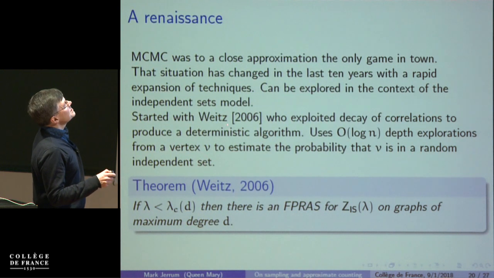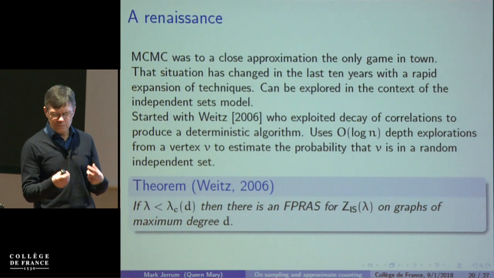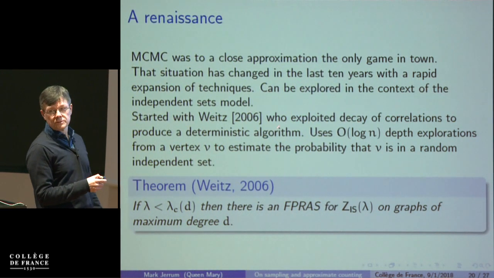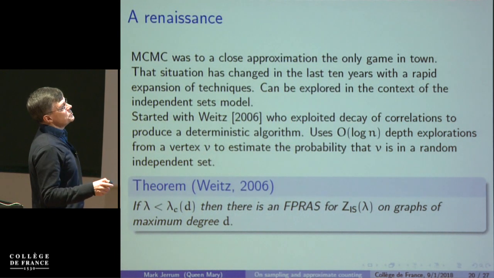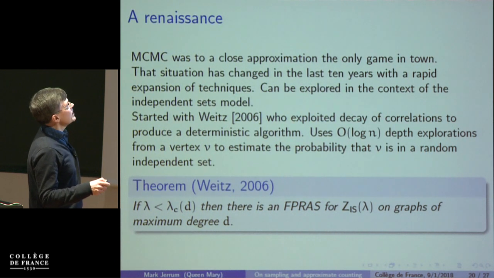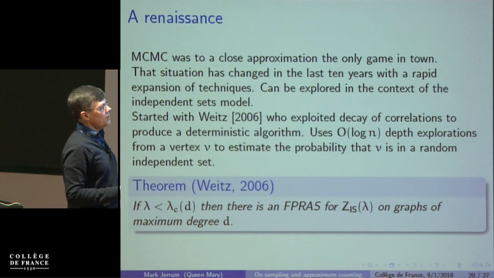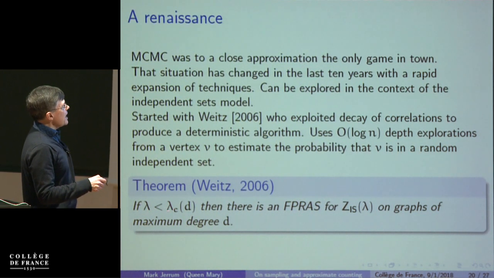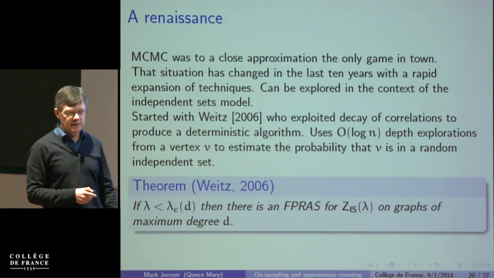And then it started with Weitz, who came up with a deterministic algorithm. So all the previous approaches had been randomized, right? Even the ones that weren't to do with random walks. And he used something called decay of correlations, whatever that means. And by exploring around the vertices, he got a solution to the independent set problem, which incredibly works right up until this phase transition. So this is a real surprise, I think.